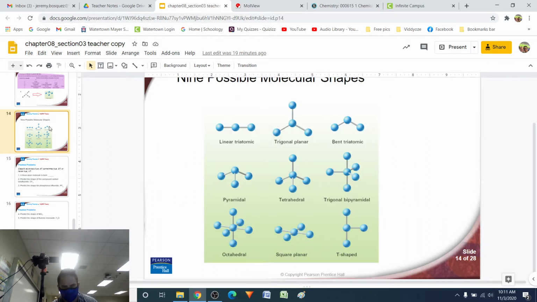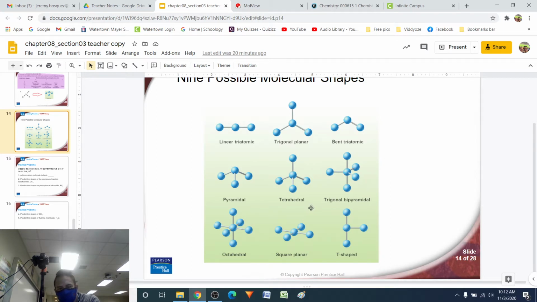Well, there are some pictures here with 3 atoms. For example, linear triatomic has 3 atoms, and bent triatomic has 3 atoms. Now, all these other ones have more than 3 atoms. So trigonal planar has 4, pyramidal has 4, tetrahedral has 5, and so on.